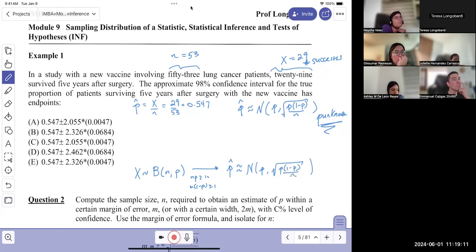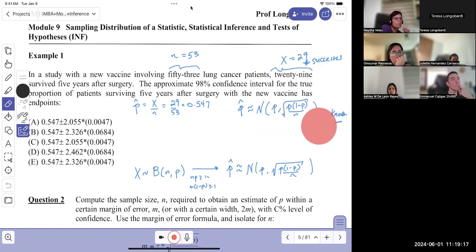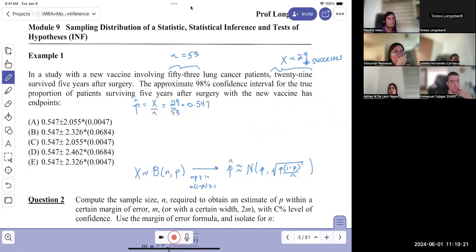So this is really oversimplifying, but what are we going to do if P is unknown?